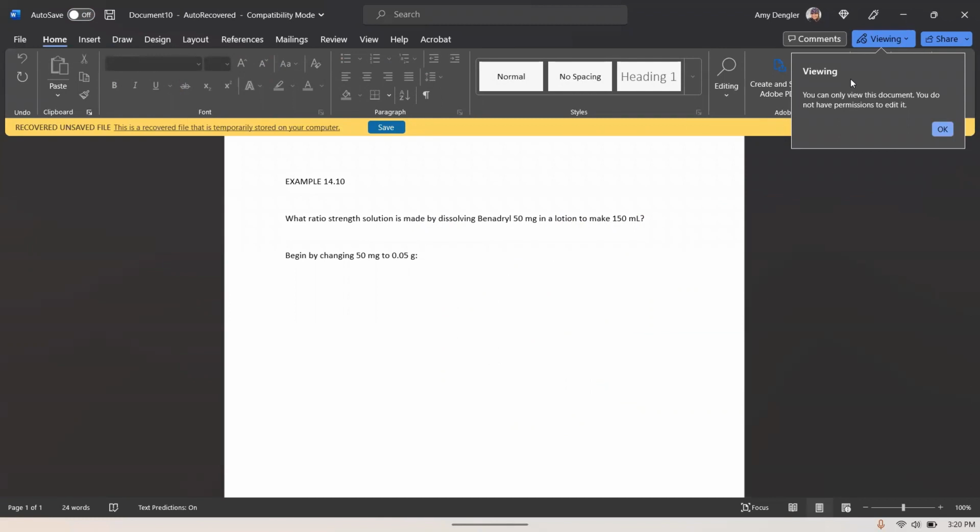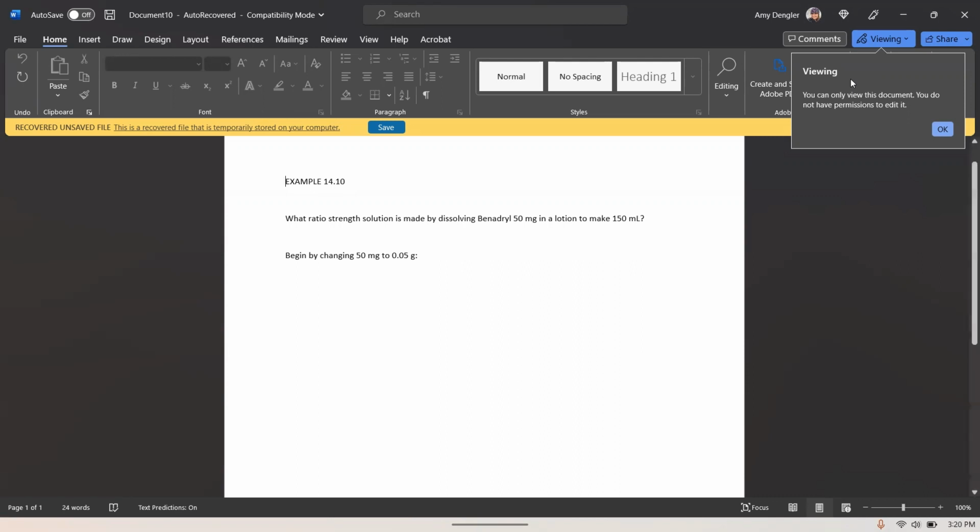For example 14.10, what ratio strength solution is found by dissolving Benadryl 50 milligrams in a lotion to make 150 milliliters? So we first need to change 50 milligrams to 0.05 grams, which has already been done.